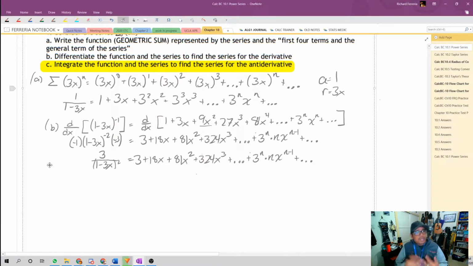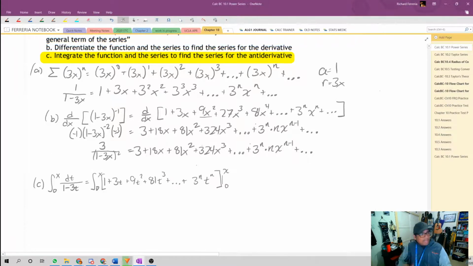Part C says to integrate the function and the series to find the series for the antiderivative. The integral from 0 to x of dt over 1 minus 3t is the integral from 0 to x of 1 plus 3t plus 9t squared plus 81t cubed plus, and then all the way down to 3 to the n, t to the n.